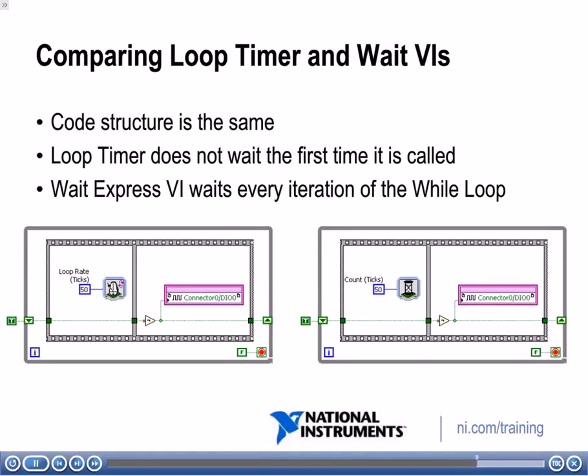If we keep running this while loop over and over again, because that Wait Express VI is explicitly waiting 50 ticks each time, and that second frame is taking 25 ticks to run each time, that loop rate will actually be executing once every 75 ticks. So one way to think about this is in Windows, the Loop Timer Express VI is more like the Wait Until Next Millisecond Multiple function, and the Wait Express VI is more like the Wait function. So that's one way to think about it.